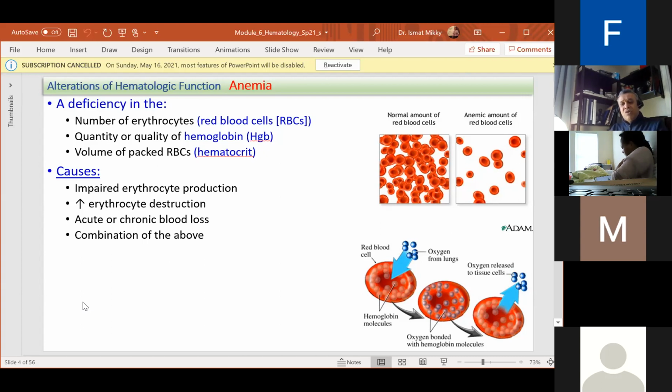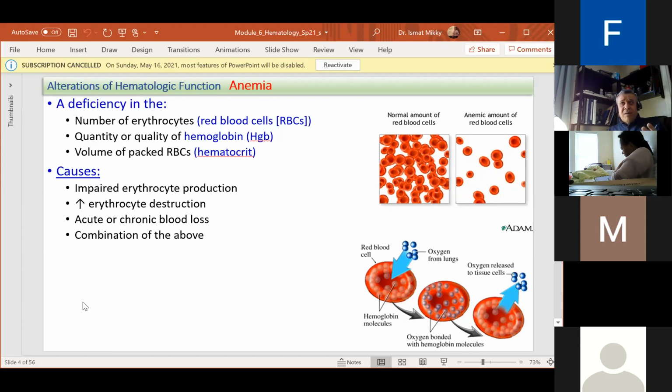Red blood cells are being destroyed at an increased rate, to the point that there's more destruction than production by the bone marrow, or the blood loss. It can be acute versus chronic.